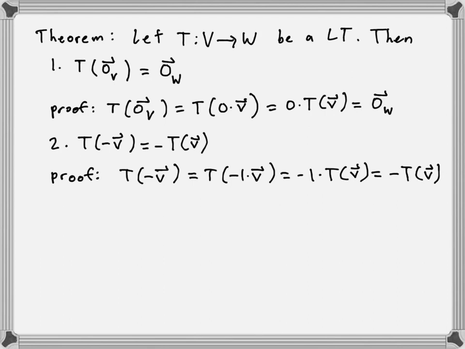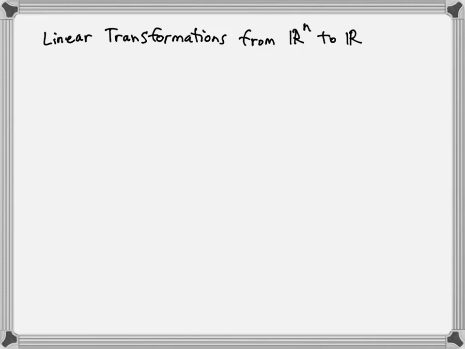The next topic in this section, we're going to be talking about linear transformations, in particular from Rn to Rm. So I'm not just going to write a theorem down.